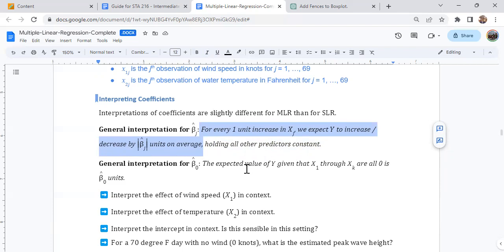If you want to describe the relationship between wind speed and the wave heights, we need to do that at a fixed temperature. Say, make it 70 degrees, and now let's talk about how the waves change as the wind changes. But we can't describe as easily how the waves change if the wind and the temperature are changing simultaneously. That gets more complicated. We can't describe it in just one sentence.